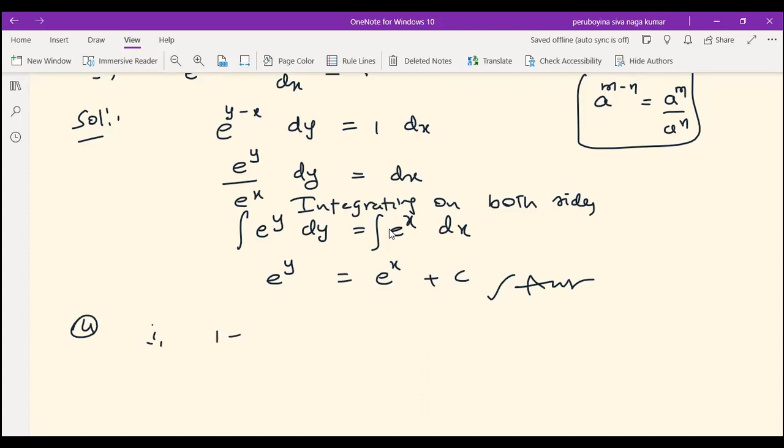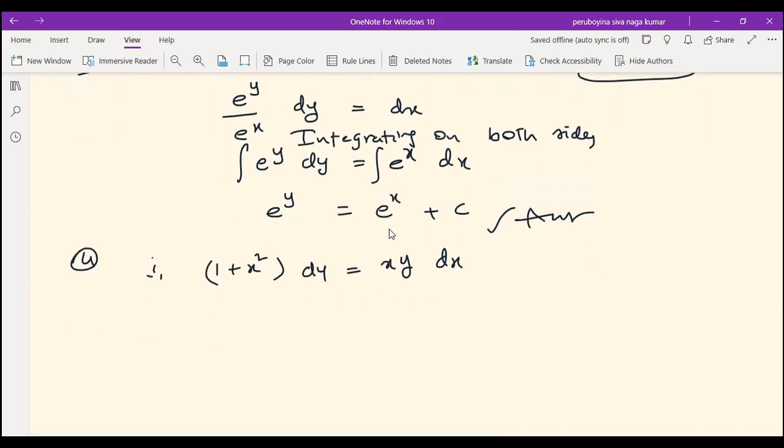Question 4-1: (1 plus x square) dy is equal to xy into dx. This is the given equation. Look at the dy term and dx term. They are already well placed.